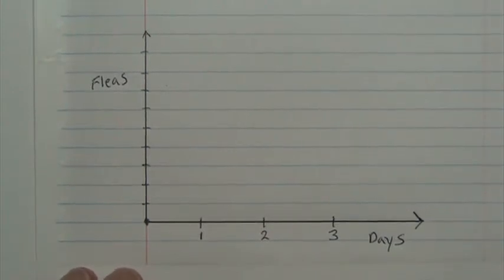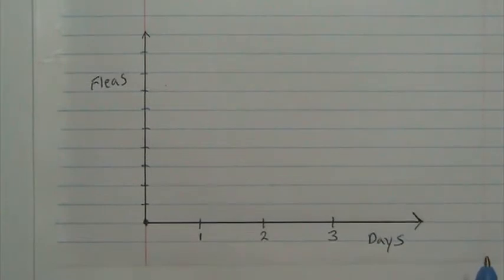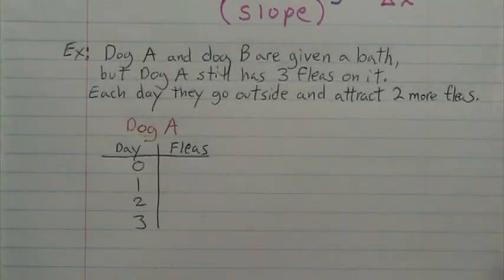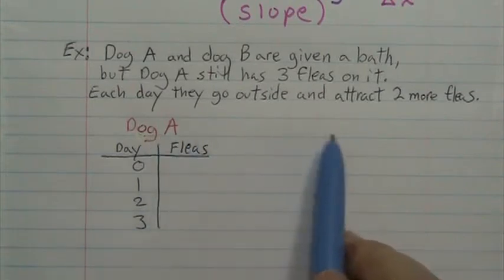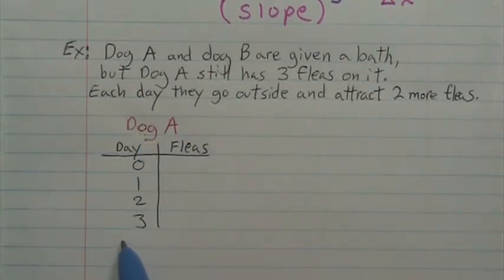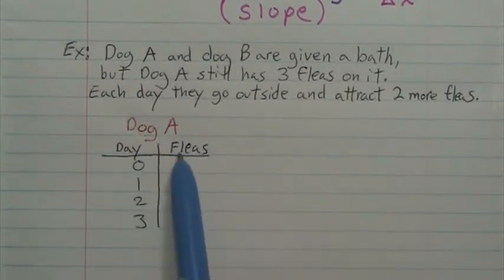Now we're going to make a table, and then we will graph both of those dogs on here. Well, how many fleas they have, rather. Okay, so moving up, let's make a table. We're going to make 2 of them, one for dog A and one for dog B. So for dog A, we'll make a table with day and fleas.